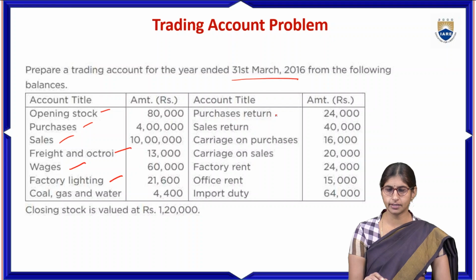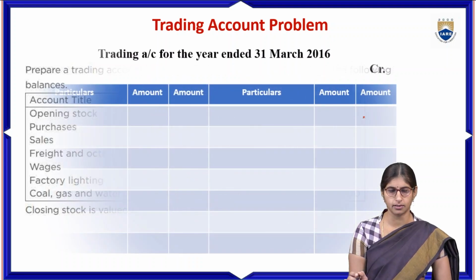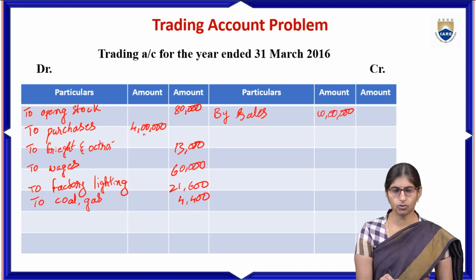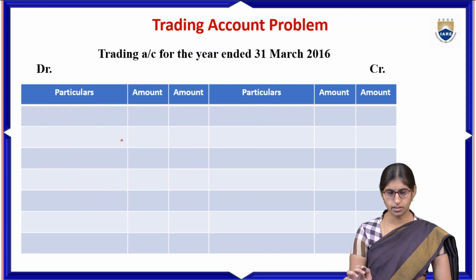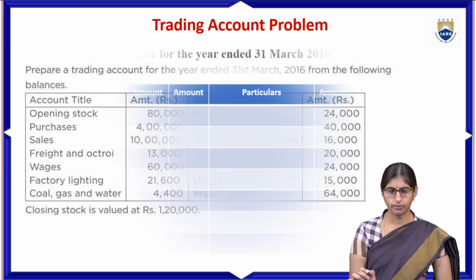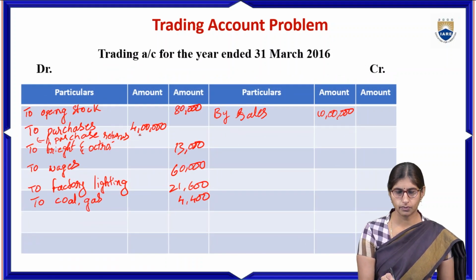And purchase returns. Now we can see purchase returns are 24,000. So here we wrote purchases in the inner column, right? So here we have to less purchase returns, how much? 24,000.